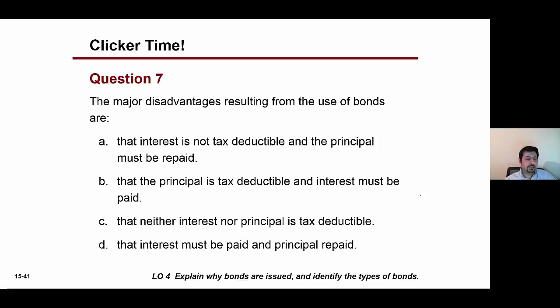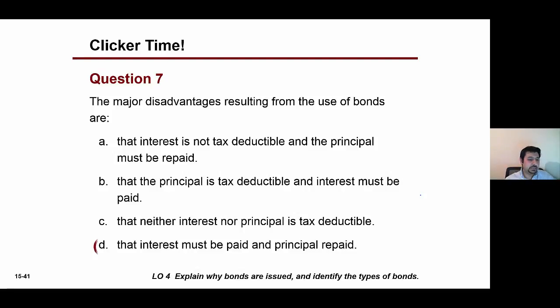Now, the major disadvantages resulting from the use of bonds for financing will be: that interest is not tax deductible and the principal must be repaid, that the principal is tax deductible and interest must be paid, that neither interest nor principal is tax deductible, or that interest must be paid and the principal must be repaid?